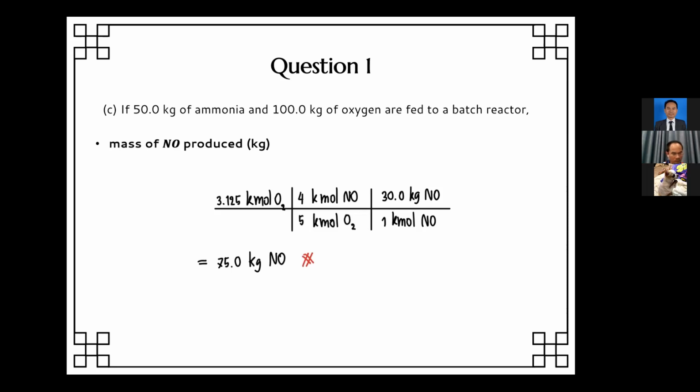So it's 3.125 kmol of oxygen times 4 kmol of nitric oxide over 5 kmol of oxygen times 30 kilograms of nitric oxide over 1 kmol of nitric oxide. So the answer is 25 kilograms of nitric oxide.